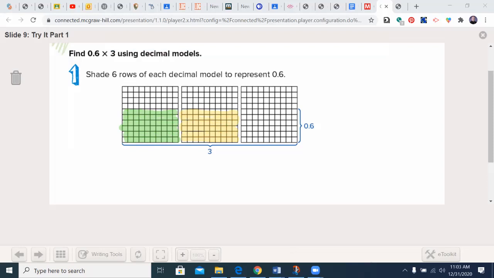And let's pick orange. 1, 2, 3, 4, 5, and 6. So you should have all 3 of these shaded in as we go through here. I will give you about 30 seconds to shade this in, and then we'll move to the top of the next page.